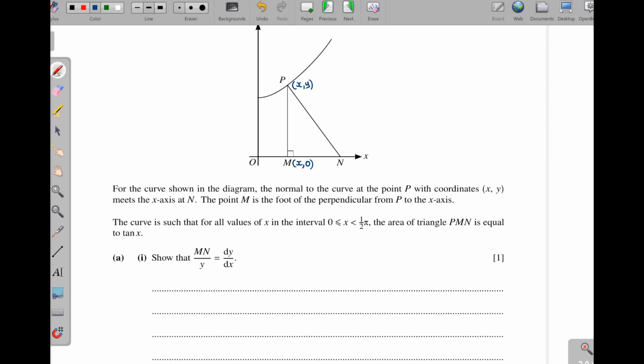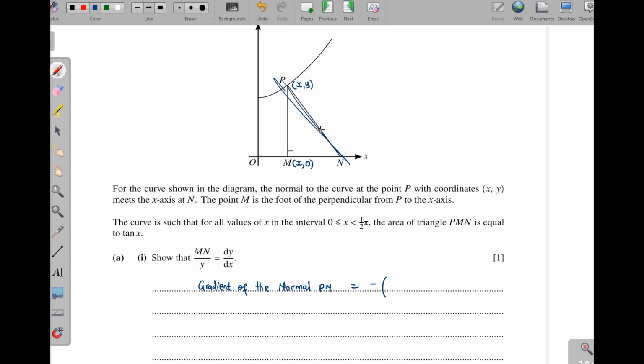Now, we have our gradient. So let me begin from the gradient of the normal. The gradient of the normal PN is going to be equal to negative, okay?